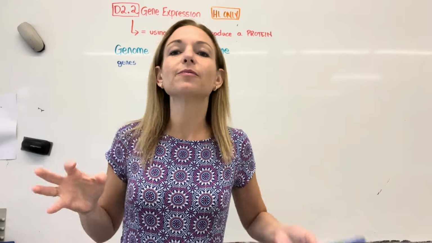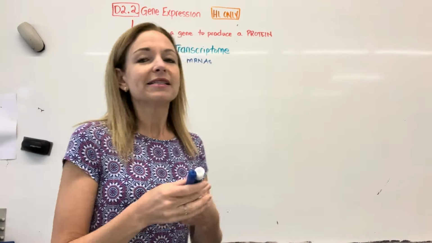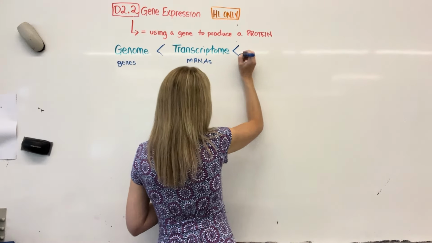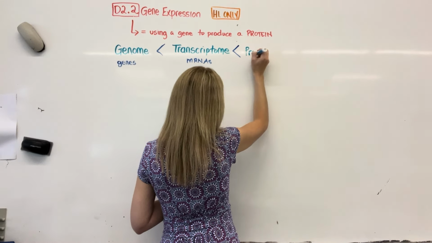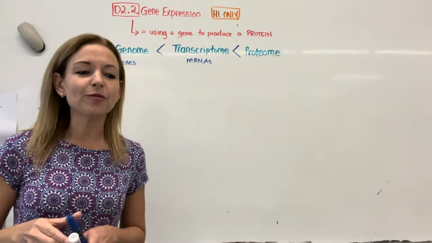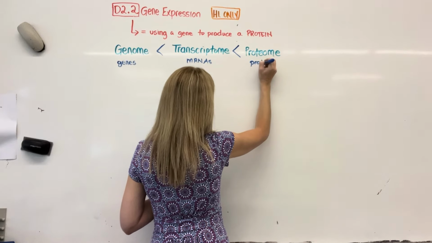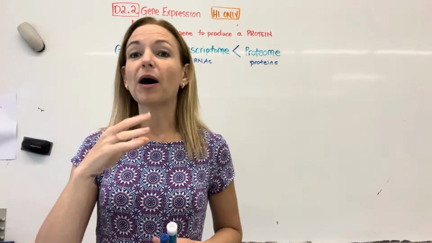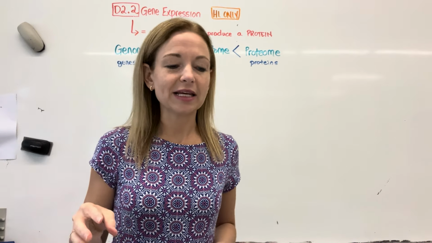So the possible transcripts that it can make are always going to be higher than the genes. Similarly, it's then going to have the set of proteins that it makes, and that's going to be its proteome. So the proteome is going to be all the possible proteins. And again, that is going to be greater because of things like protein modifications and so forth. So one mRNA could make multiple different proteins.